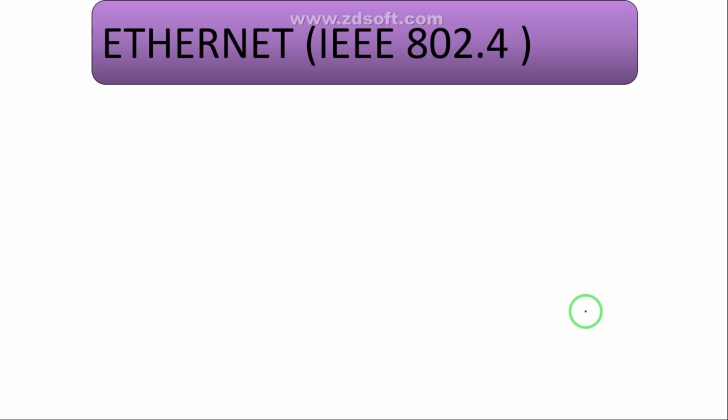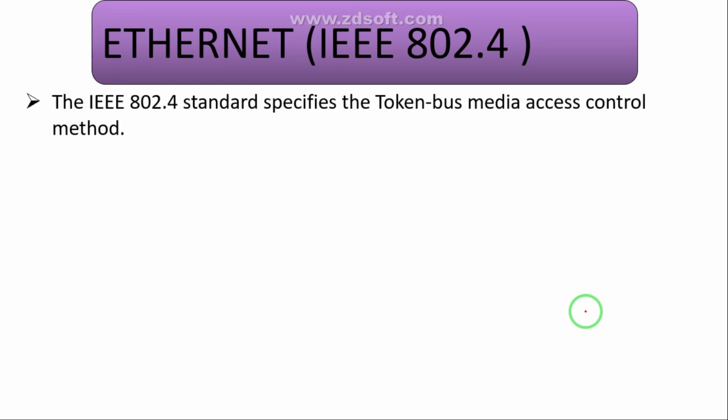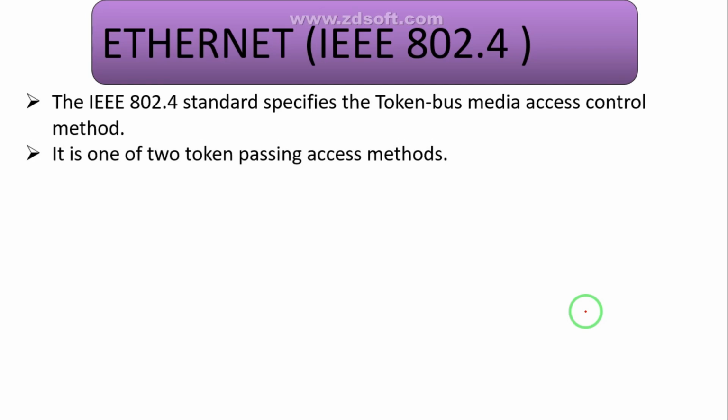Now let's talk about IEEE 802.4 after 802.3. The IEEE 802.4 standard specifies the token bus media access control method, and it is one of the two token passing access methods.